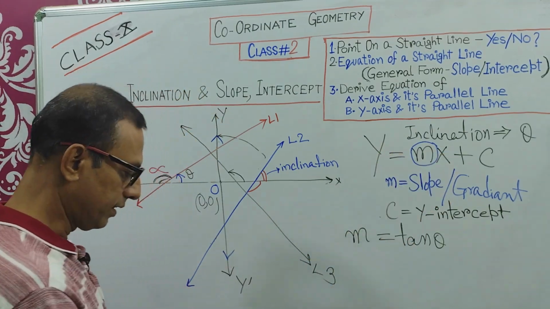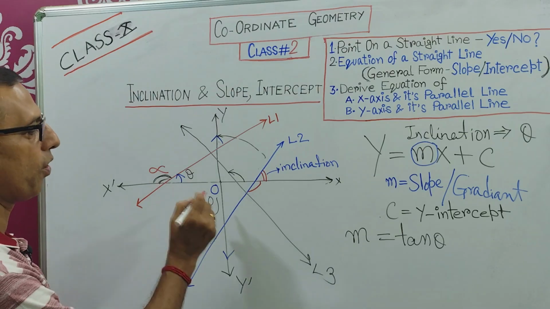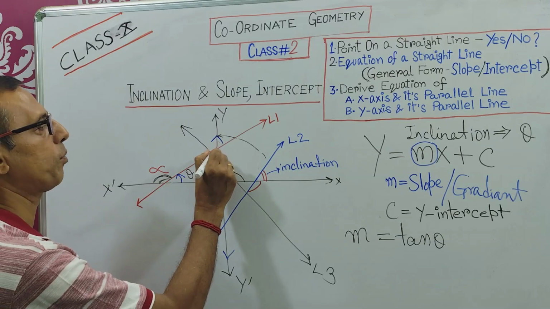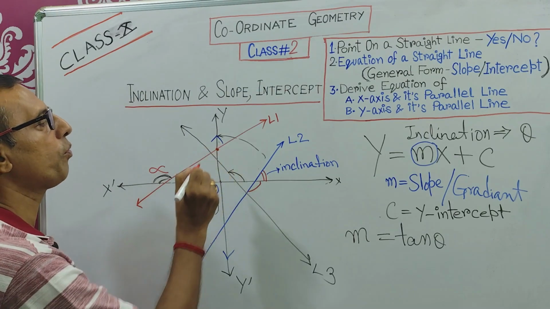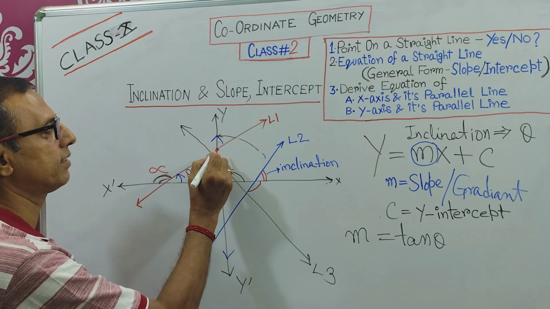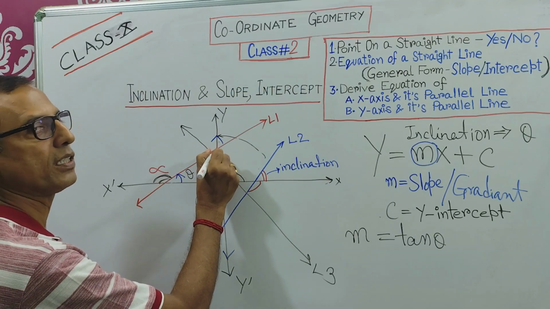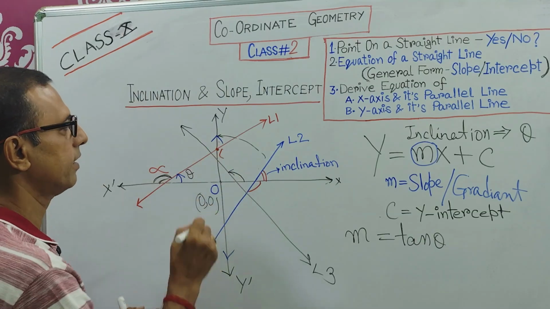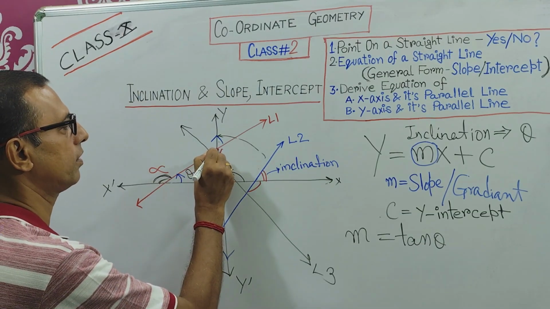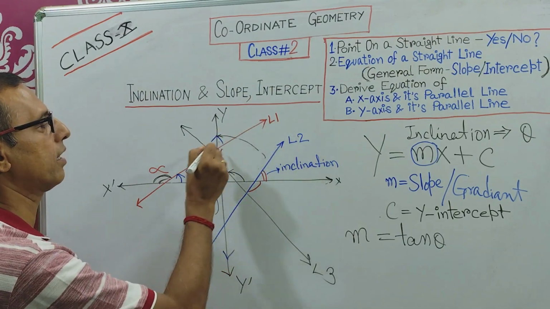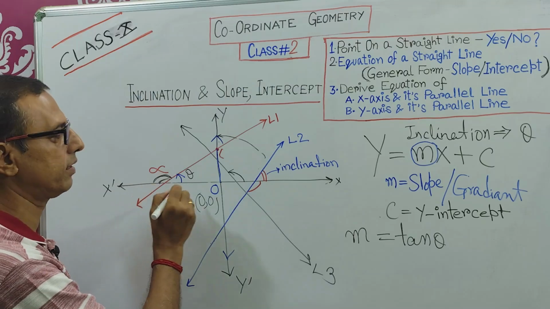Now what is c? c is the y-intercept. Let's say for line L1, it cuts the y-axis at this point. On the y-axis you have a y coordinate value, but x is 0. So the coordinates of this point will be, let's say this distance where it cuts the line L1, where it intersects the y-axis.